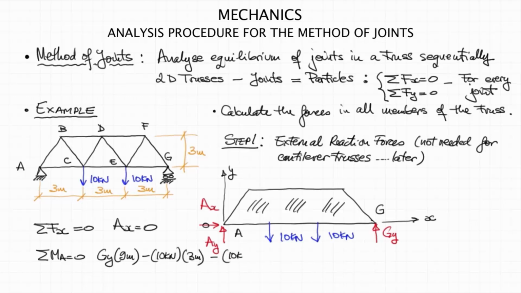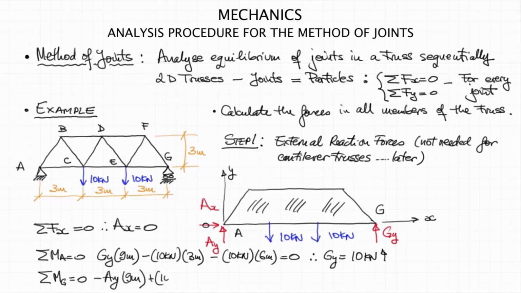It will cancel AY, which goes through A. So GY will be equal to 10 kilonewtons going upwards. And if we do the same at G, summing the moments at G, that will cancel GY, and we can quickly solve for the vertical reaction force at A, AY.